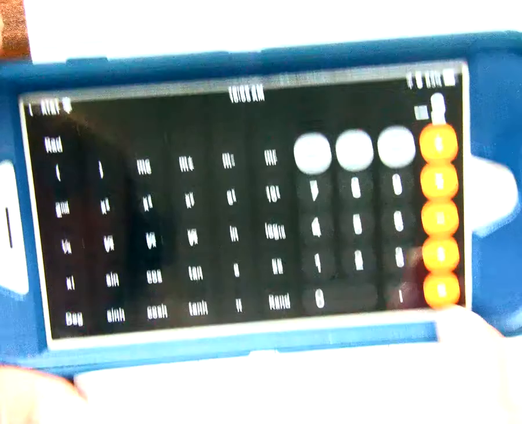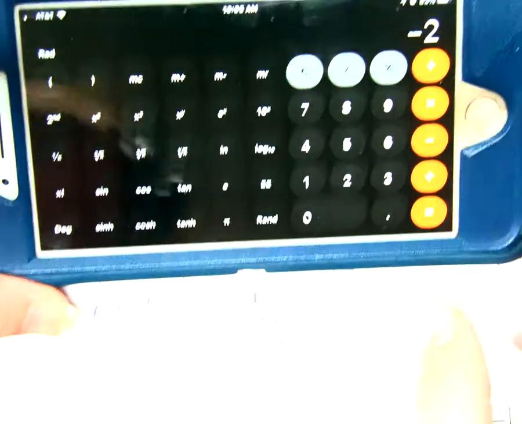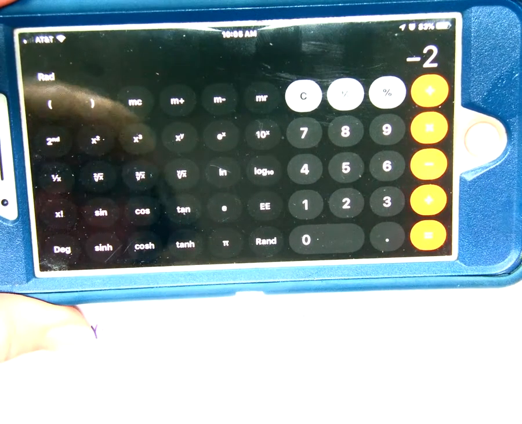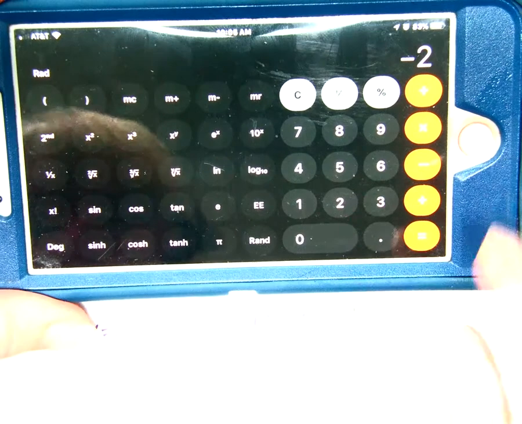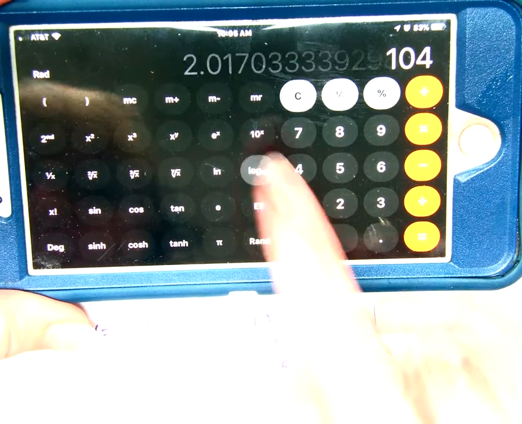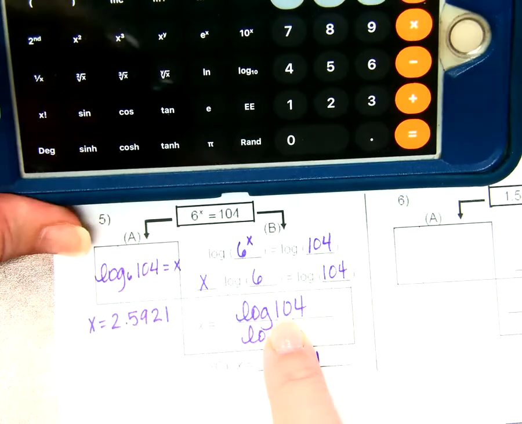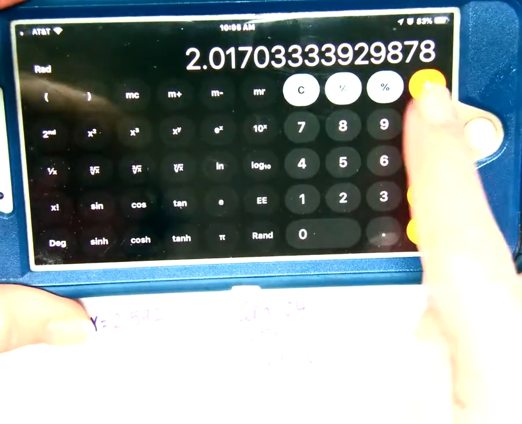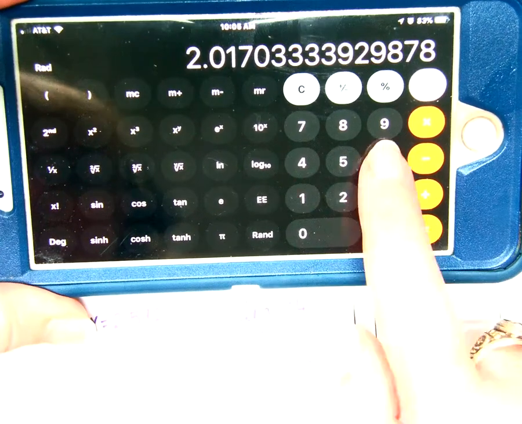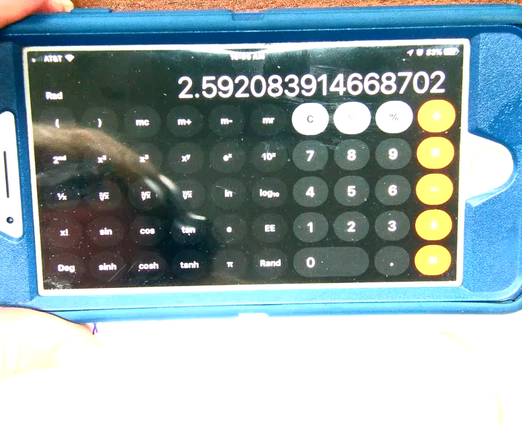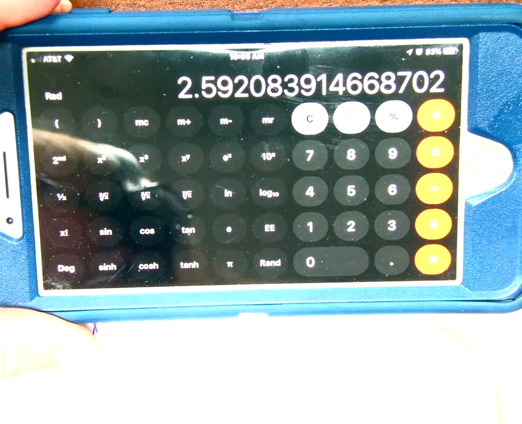But if I pushed 104 log, now I had to put it in a little backwards, right? I had to say 104 log divided by 6 log. Enter. Huh. Look at that.